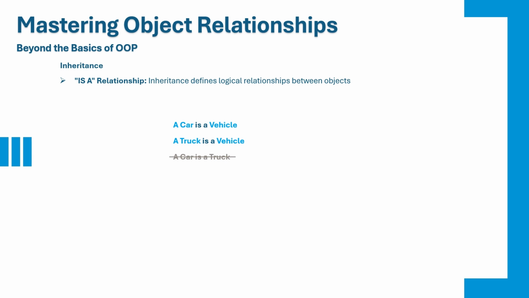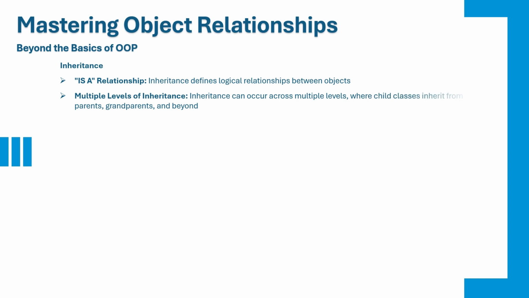We naturally understand these relationships. Inheritance in programming builds on this idea, helping us define logical relationships between objects based on what makes sense. But inheritance doesn't just stop there. It can go deeper, creating multiple levels of inheritance. Think about this. A Persian is a cat, a cat is a mammal, and a mammal is an animal.